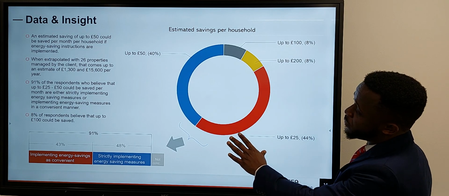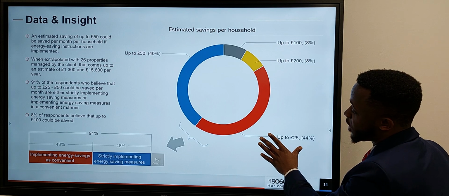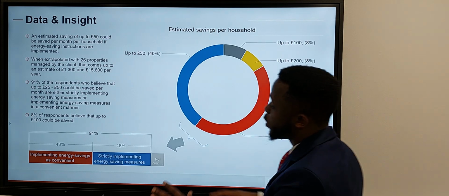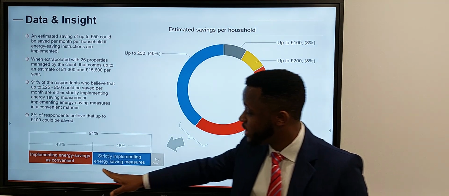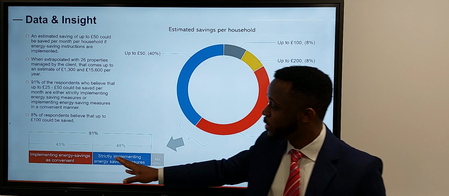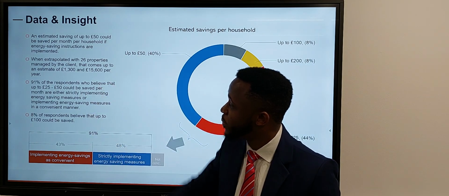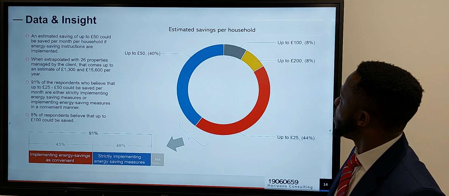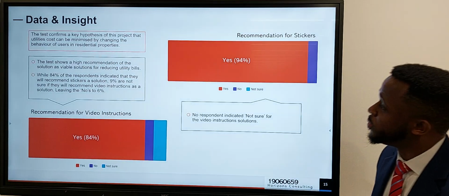The respondents who gave these responses are also currently implementing other energy saving solutions in their homes, which gives validity to the fact that up to £50 could be saved. Although 8% think that up to £100 and £200 could be saved.